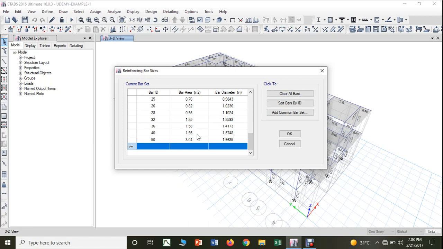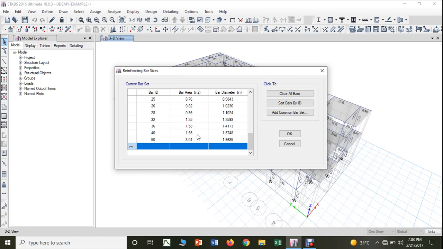While the software is doing this, you have an option to restrict the diameter. That means you don't want any 14 mm bars; you want either 16 mm, or 20 mm, or a combination of 16 and 20. Then you can make a set of bars of only 16 and 20 mm for the column.